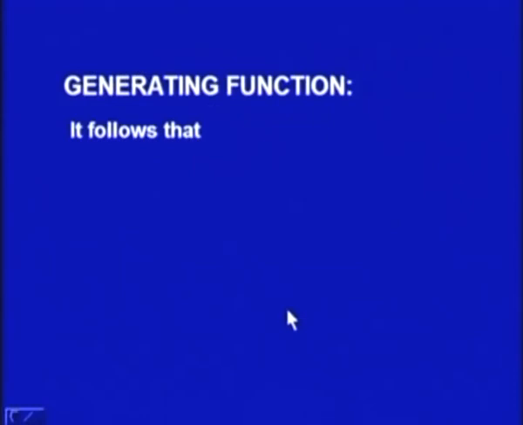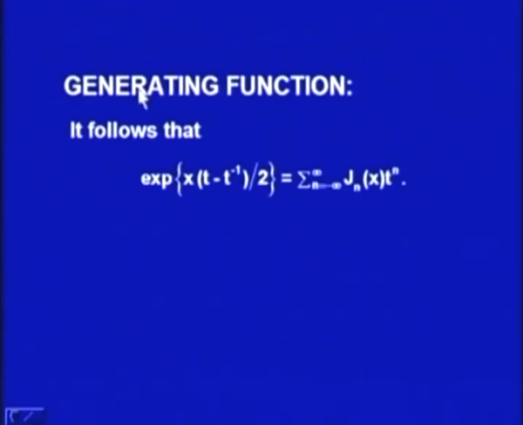Let us now study the generating function for Bessel functions. We are going to show that exponential of x(t minus t to the power minus 1)/2 can be written as sigma n equal to minus infinity to plus infinity J_n(x) into t to the power n.